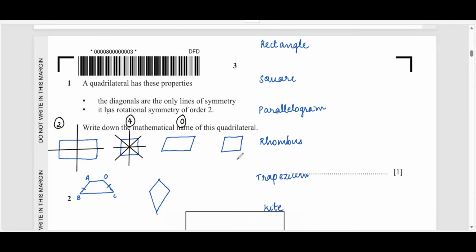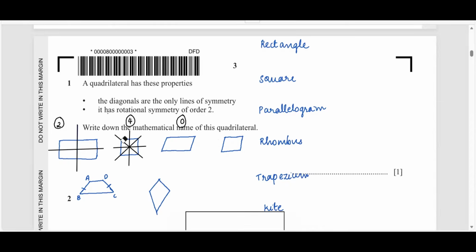Now coming to rhombus, it has two lines of symmetry, and those two lines of symmetry are the diagonals. If you draw a vertical line, no, it does not divide the rhombus into two equal parts. If you draw a horizontal line, that also will not divide the rhombus into two equal parts.